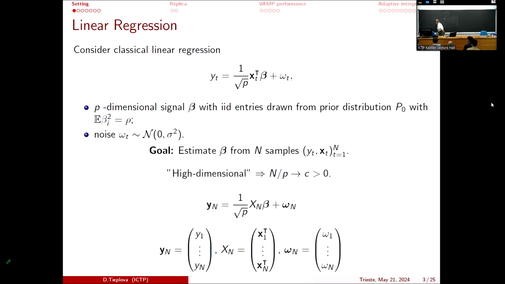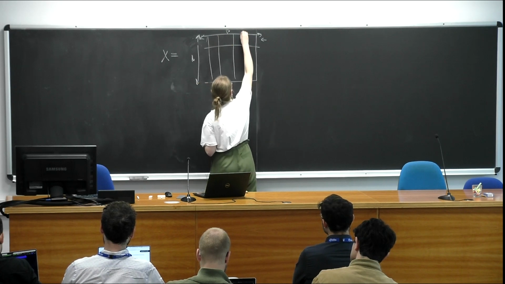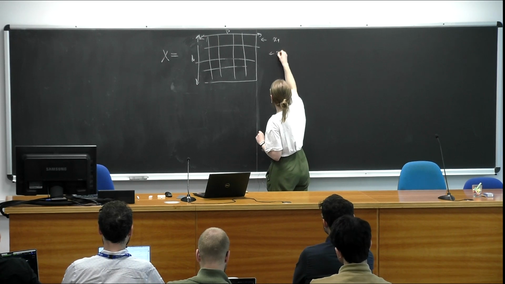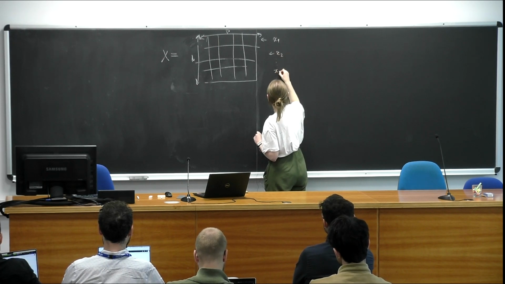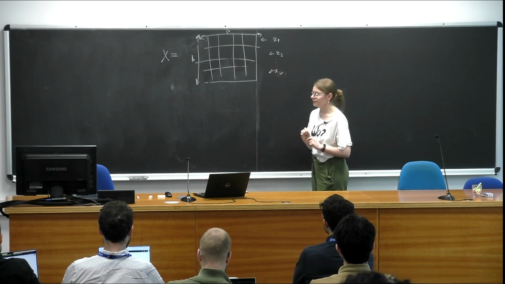Okay, just let me write here the matrix X, because we are going to talk about it a lot, and I just want you to have it in front of your eyes at any time. As I said, it will be a matrix of dimension n by p. And here, each row of this matrix is the vector x1, x2, and so on, xn.